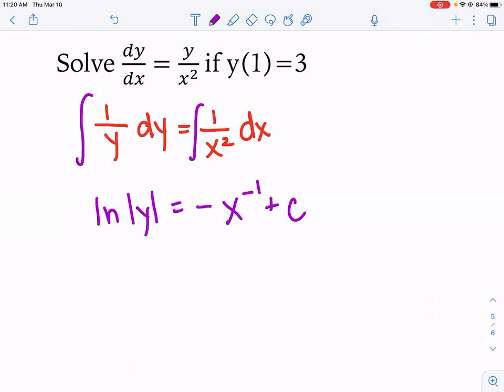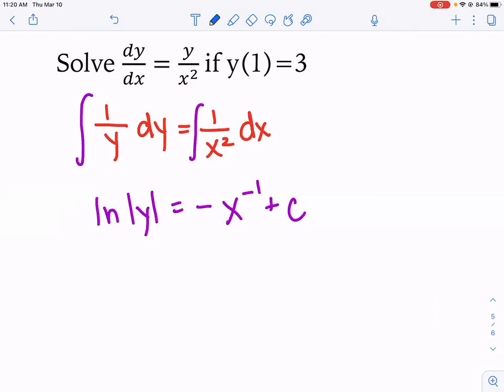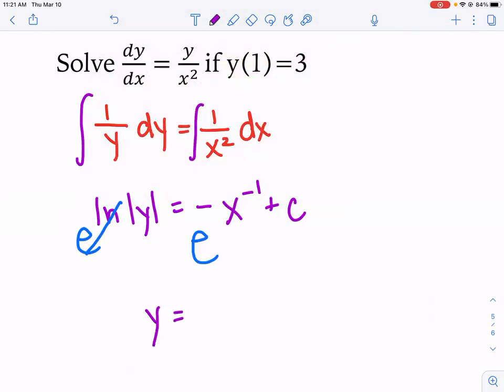Okay. So now what are we going to have to do to both sides? We're going to exponentiate both sides so that e to the natural log cancels out. And we are left with y equals e to the negative x to the negative 1 plus c. Okay. Is that how I want you to leave it?